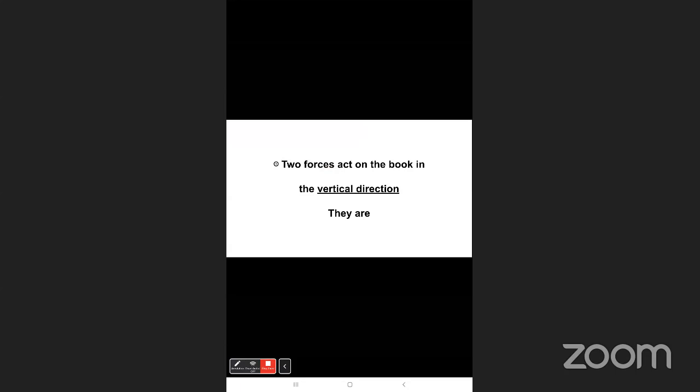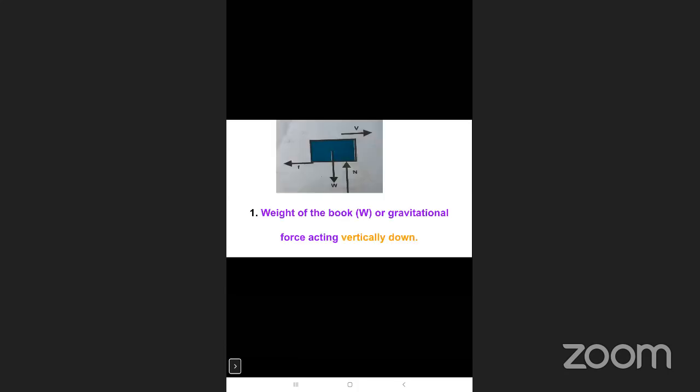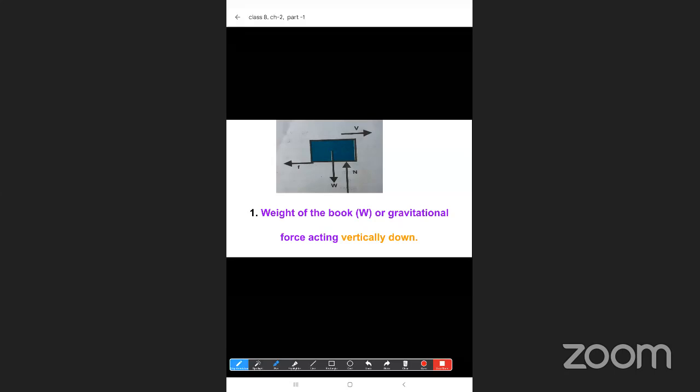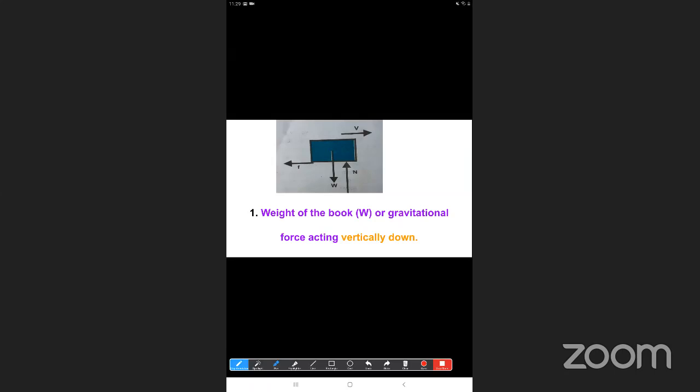Now see, here 2 forces act on the book in the vertical direction, and 2 forces act on the book in the horizontal direction. Look here. I said 4 forces are acting on the book.